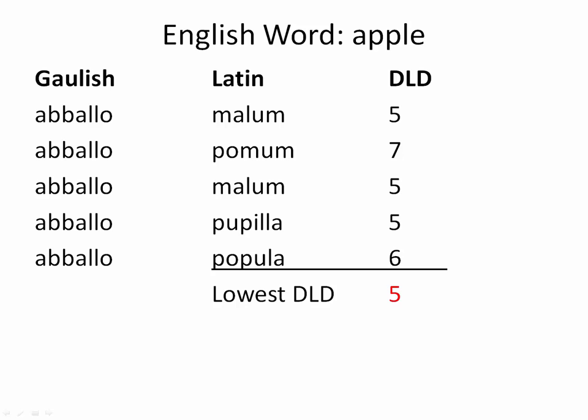Now, in order to find the best Damerau-Levenshtein distance, I will take the Gaulish word abalo and compare it to the Latin translation of apple in each case. For example, if we take abalo and malum, we find that there is a Damerau-Levenshtein distance of 5. Now, in order to find the best case Damerau-Levenshtein distance, I will pick the lowest one that is available out of these numbers, which in this case is 5.